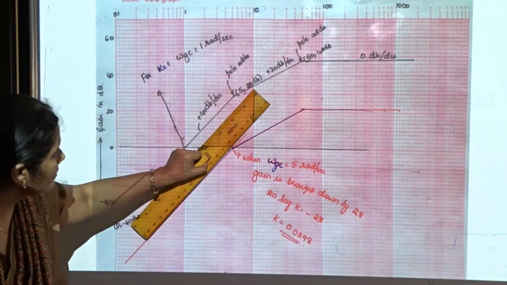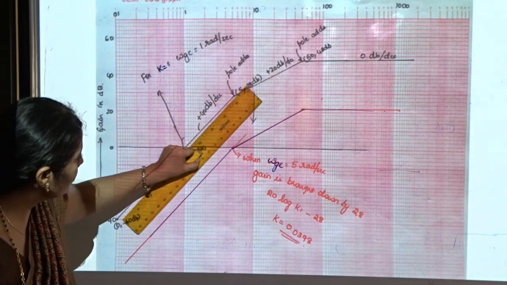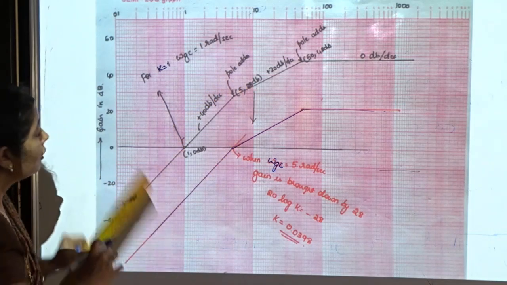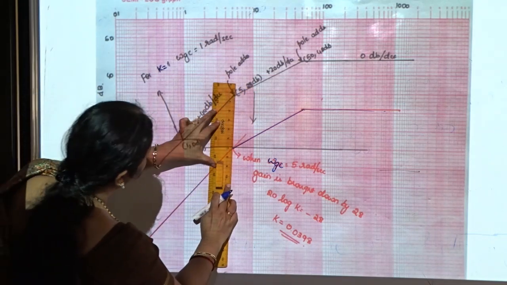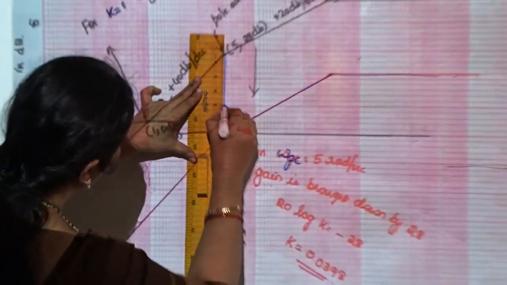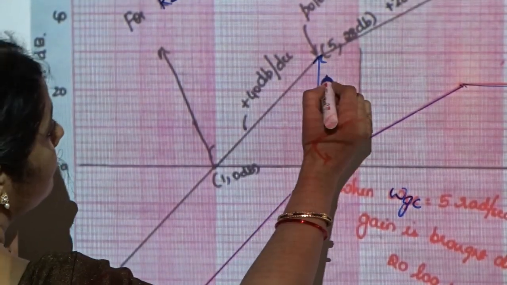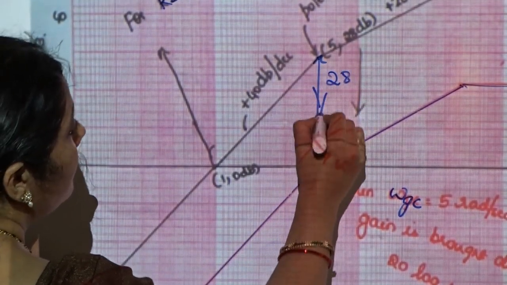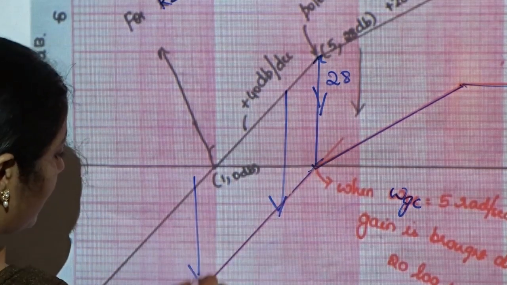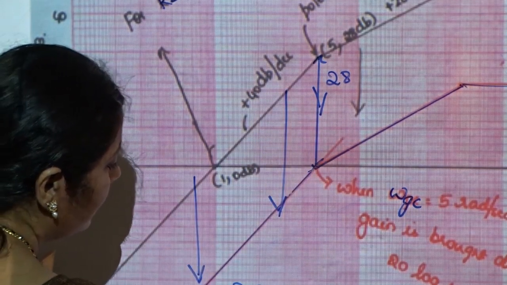So here they have asked us 5. This was 1. So pull this down like this. Now by what value did our gain come down? This is 20, 4 points up, this is 28. The total graph has come down by 28 dB.